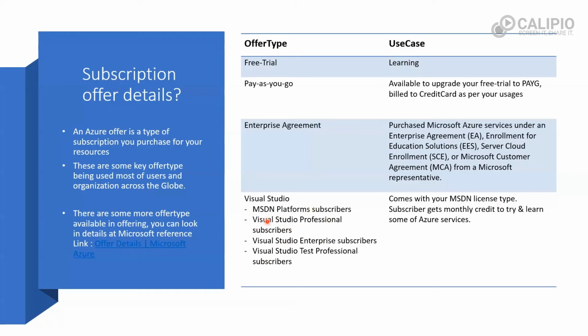This kind of subscription offer type comes with the MSDN license type. So it depends on what license you purchase on MSDN, and you will get the subscription, and there is a free credit available on a monthly basis that you can use to learn some of your Azure services.